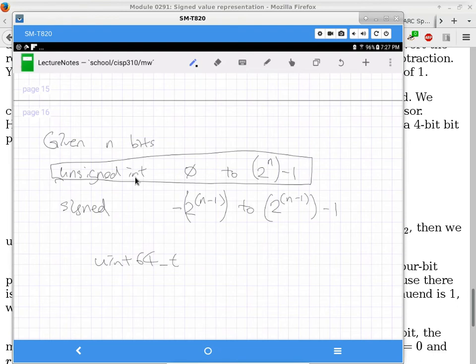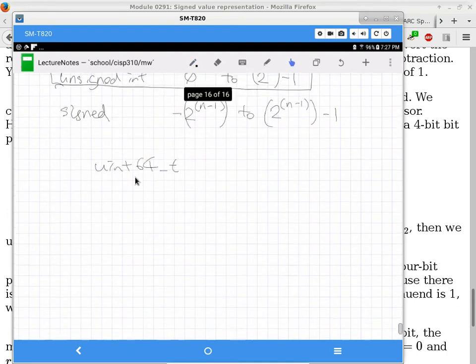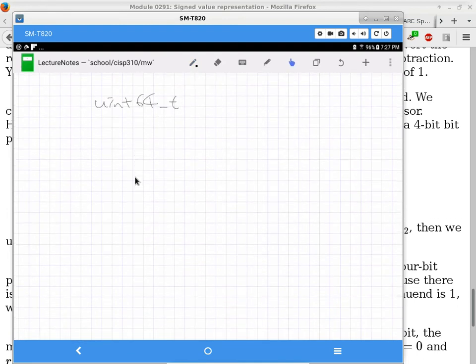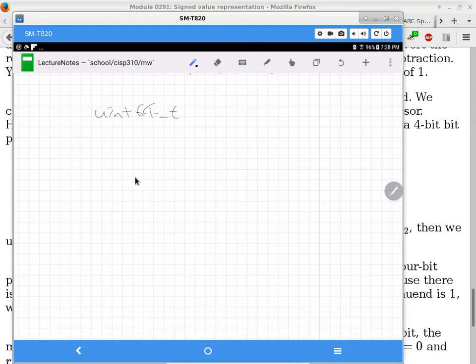Okay, so let me clarify what I mean by modular arithmetic. Let's just consider addition, and we're dealing with a relatively small bit number. So let's say n is 3, so we are dealing with really small integers, 3 bits wide.